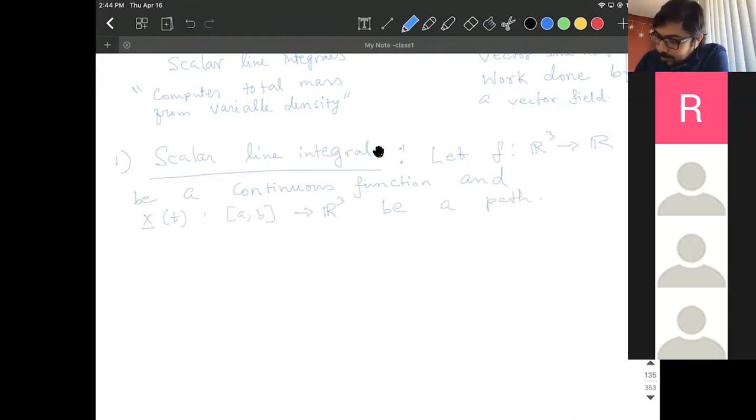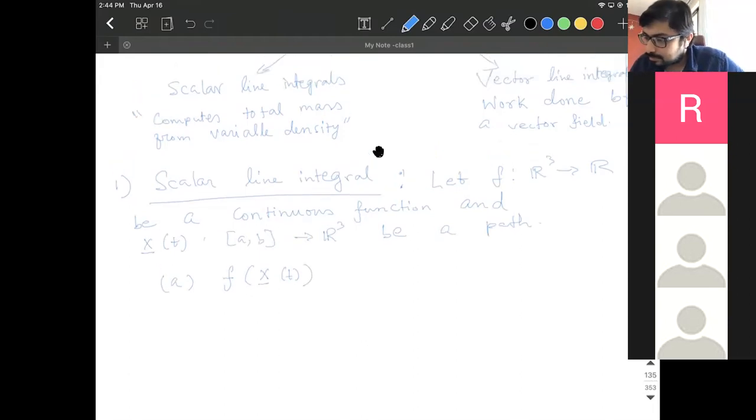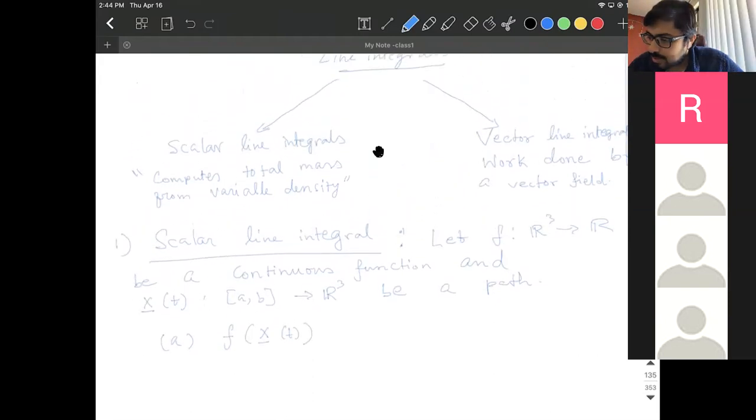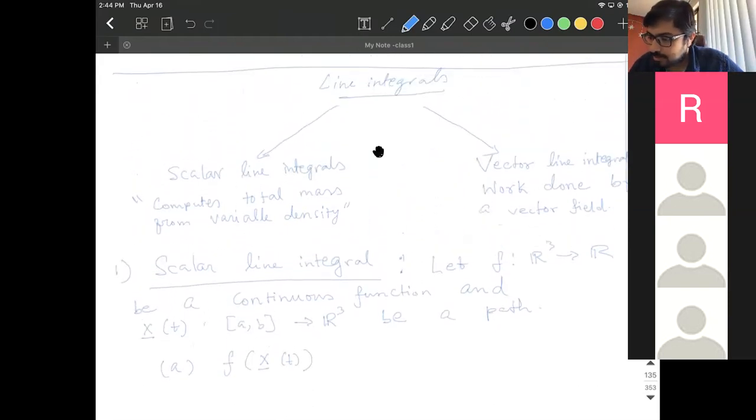Now, some observations, maybe. A. You can define this function f of x(t). Can you tell me what this function signifies, in physical terms, related to something we're talking about here?